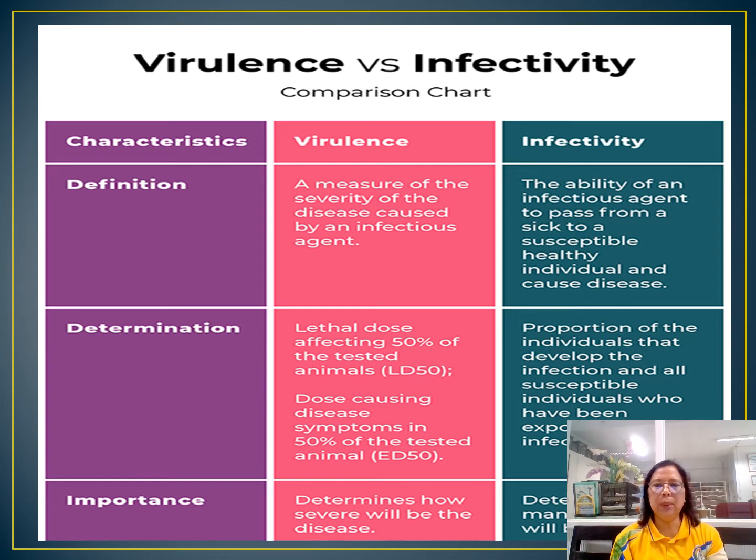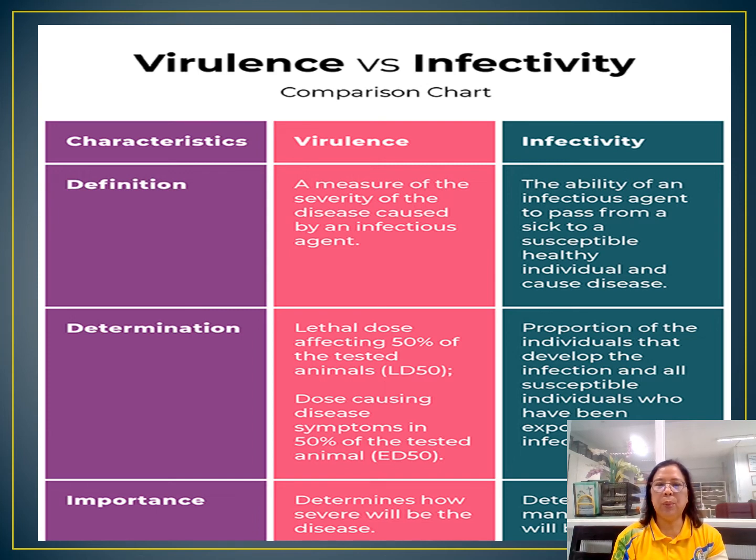Now, with infectivity, it is the proportion of the individuals that develop the infection among all susceptible individuals who have been exposed to the infection. So what they are measuring is actually the number of capable or probable patients within a certain community.